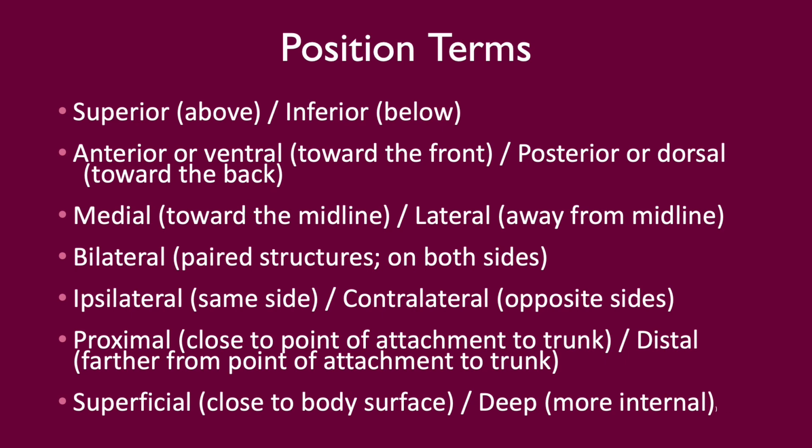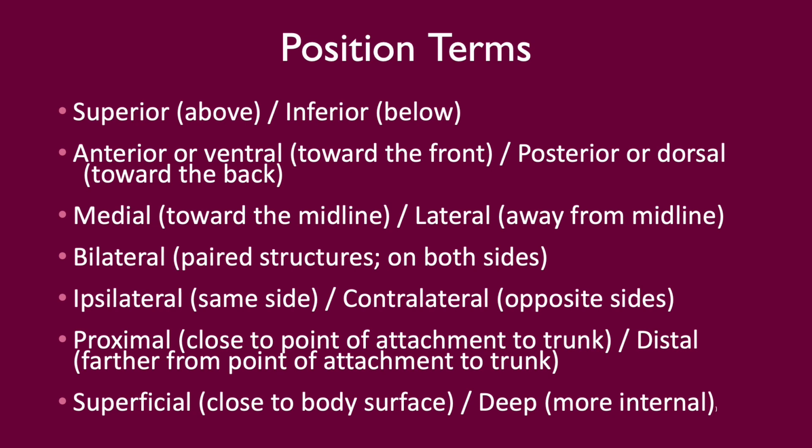Here is a review of a little something prior to what we just did. So we have superior, which is above, inferior, which is below. You have anterior or ventral, which is towards the front, posterior or dorsal, which is towards the back. So your palm is anterior. The back of your hand, which is the top, is dorsal or posterior.